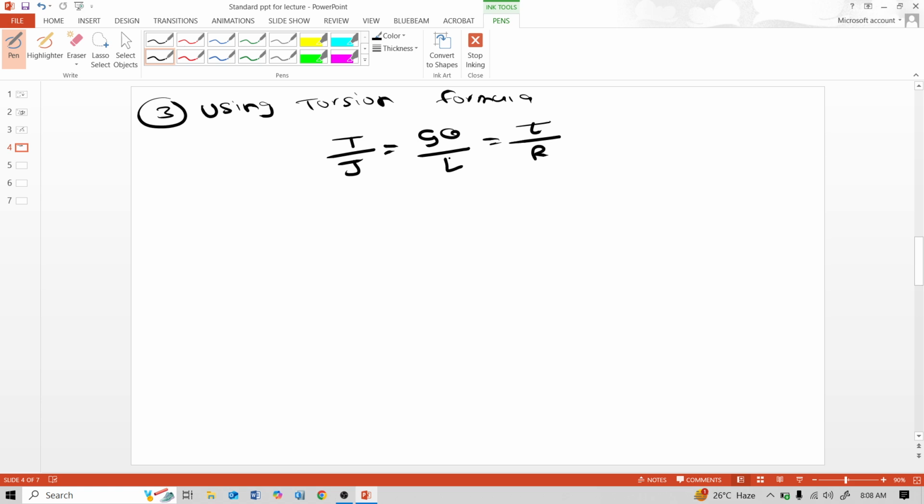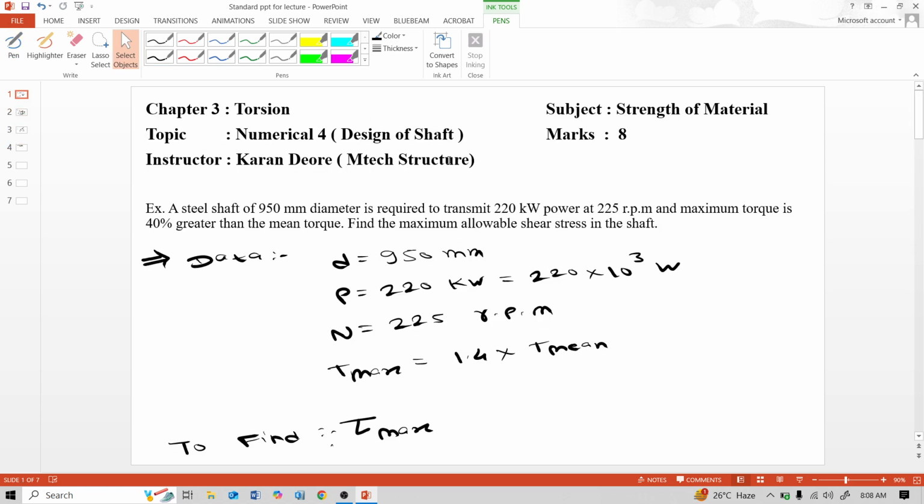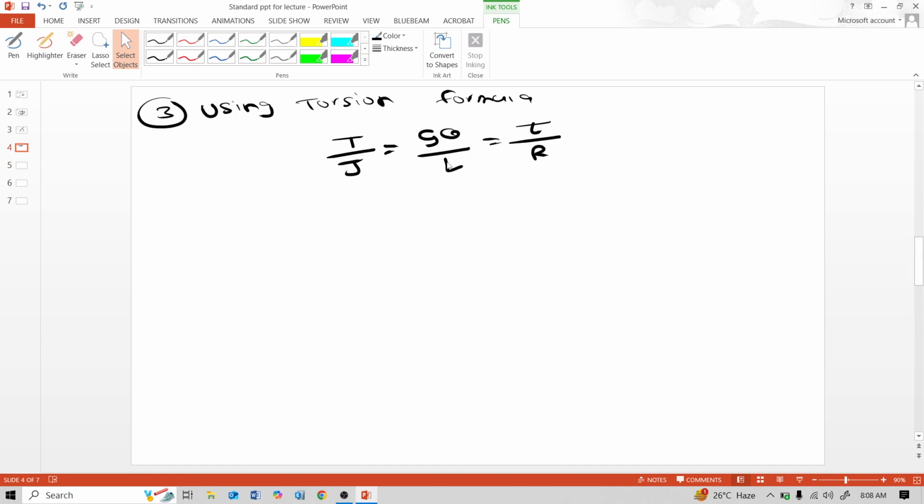In this numerical we don't know the shear modulus and angle of twist, so avoid this portion. Our objective is to find tau, so we use T by J is equal to tau by R, and this tau is tau max.